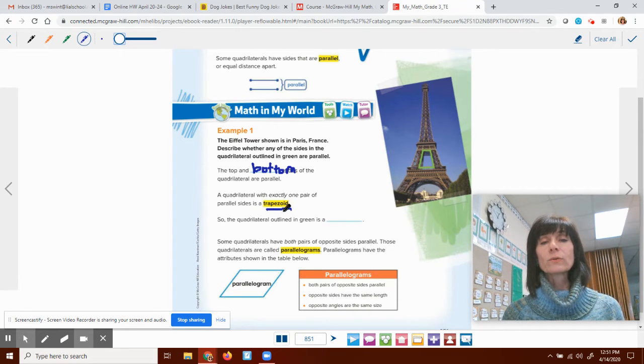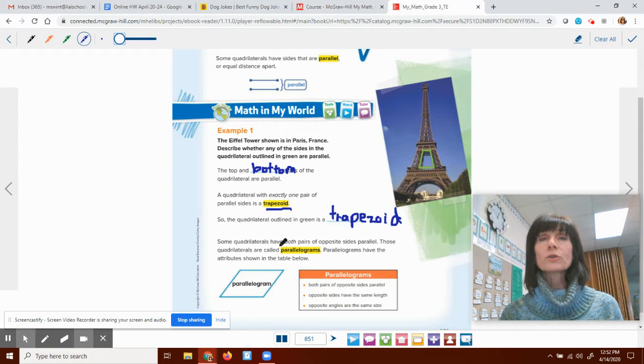So the quadrilateral outlined in green is a trapezoid. A trapezoid. I'm going to make sure I spell it correctly because the word is right above it. Some quadrilaterals have both pairs of opposite sides that are parallel.